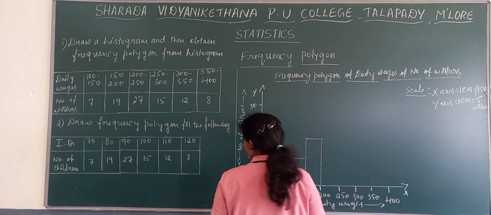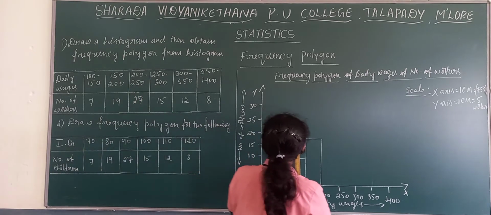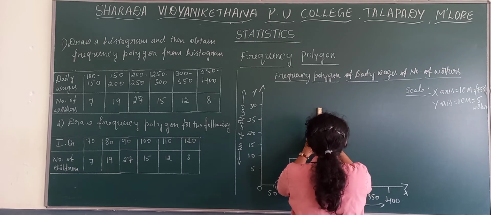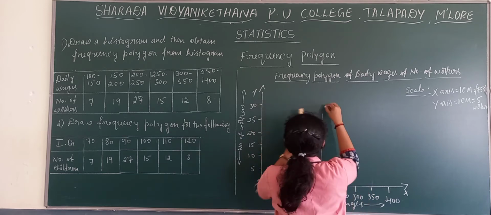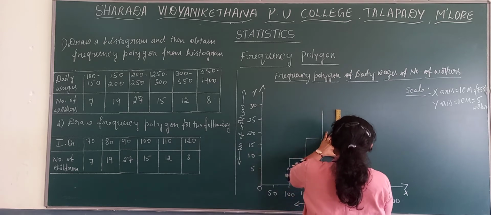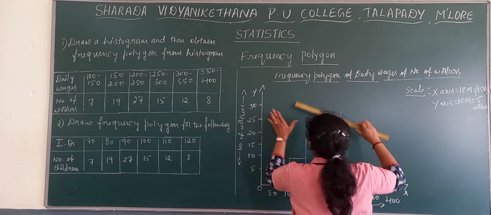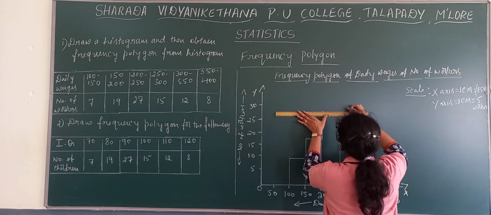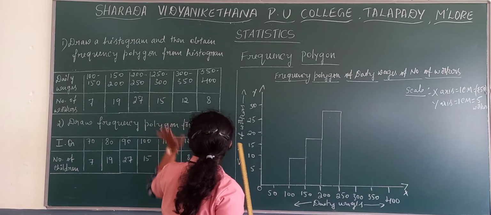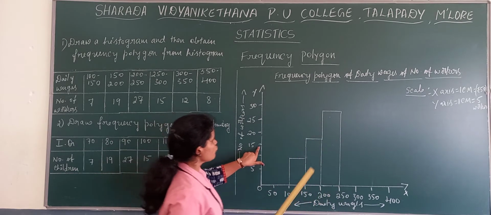Then next one, 200 to 250, 27. Next one, 250 to 300, 15.